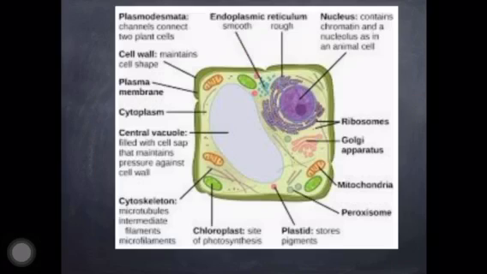Now inside the nucleus, thread like structures are there, right? These thread like structures are called chromatin, and in the nucleus there is one more violet colored structure, which is the accumulation of RNA. You might have heard about DNA, but here we have RNA also, right?